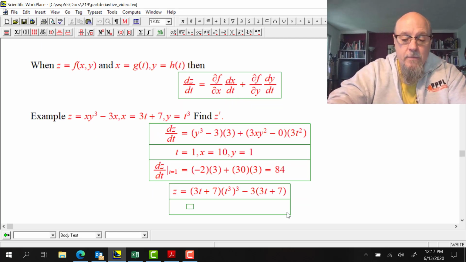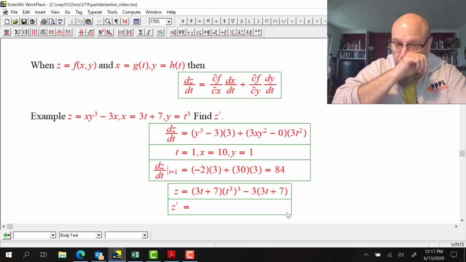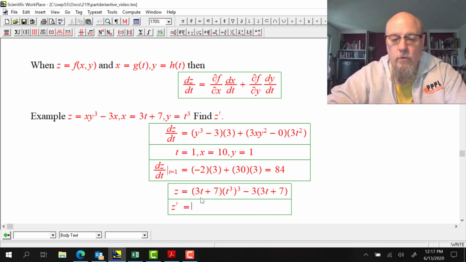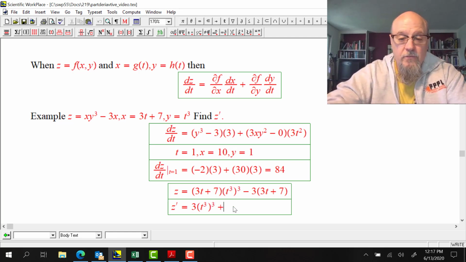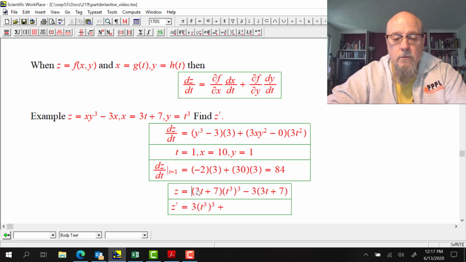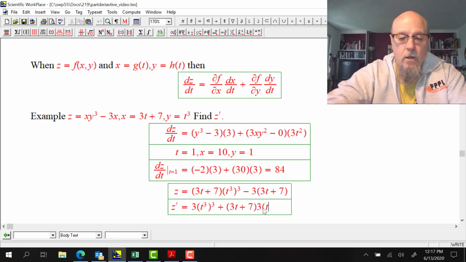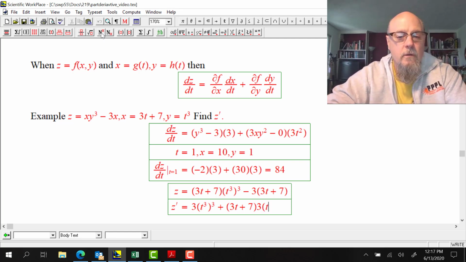Let's do that then. That would be z prime is equal to, now I got to do product rule here. So I do derivative of the first, leave the second alone, plus leave the first alone, times the derivative of the second. All right, I got to do chain rule here. That's going to be 3, leave the middle alone, so that's t cubed.